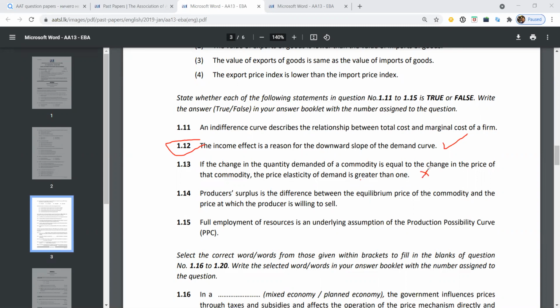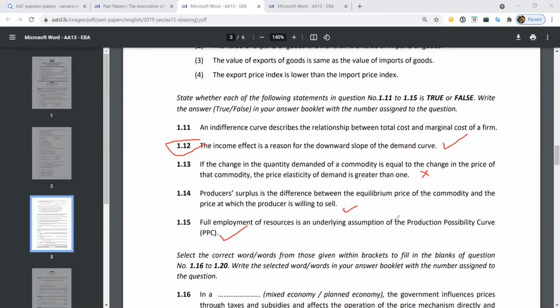It is unitary elastic. Producer surplus is the difference between equilibrium price of a commodity and the price at which producer is willing to sell. Even right now we discussed, yes, it is true. Full employment of resources is an assumption of the production possibility curve, yes, it is also true.